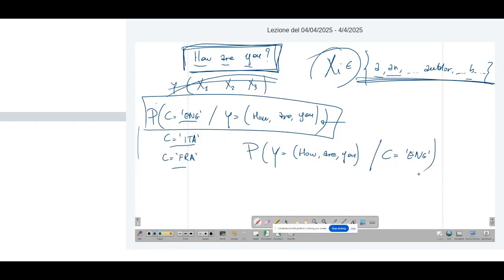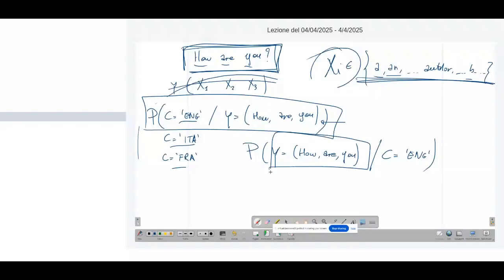Once we have this, if we are able to compute this for all languages, we have everything we need to perform inference. This is, again, the class conditional likelihood. Given a value for our input, now it's not a feature vector because this can have a different size. The size of Y depends on the number of words in the document. So it's a variable size.